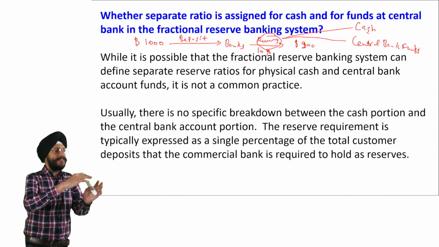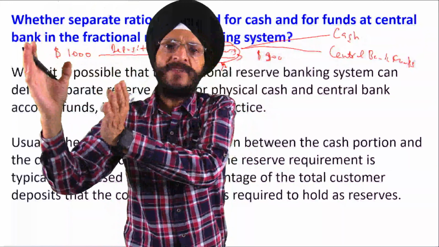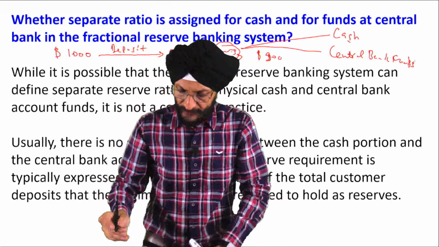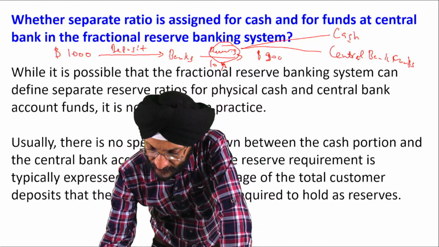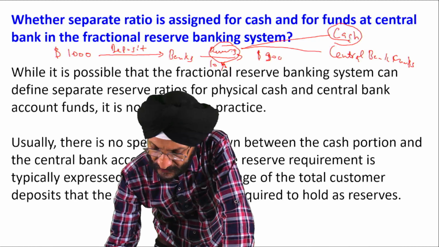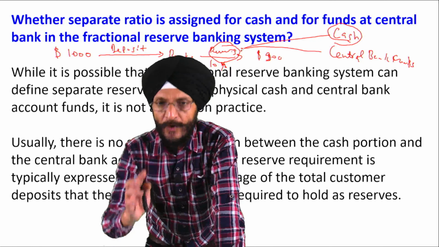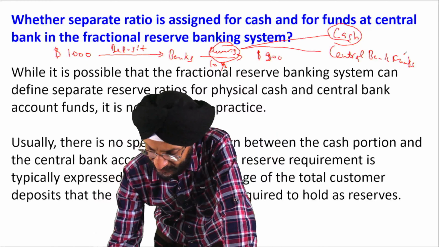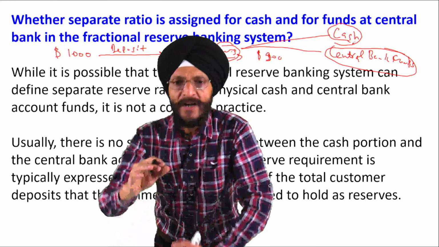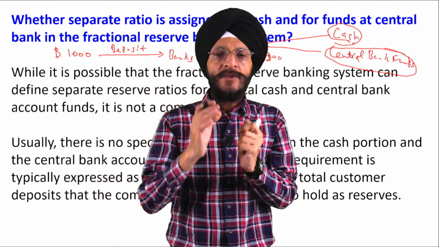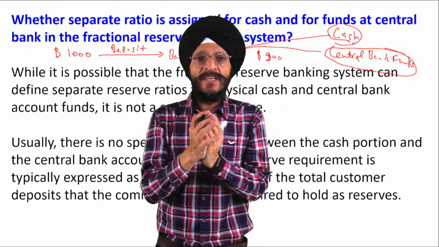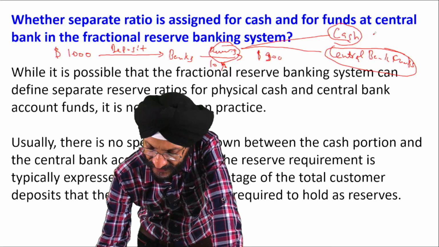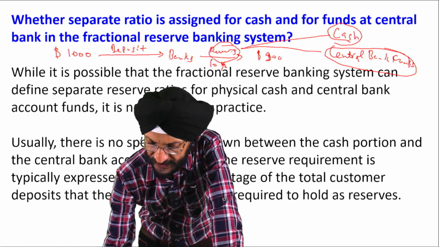In other words, this amount belongs to the central bank and the commercial bank cannot use it. So this reserve consists of two parts: cash plus central bank funds, funds which are to be parked with the central bank. So now the question arises, how much percentage is cash out of this 10%?